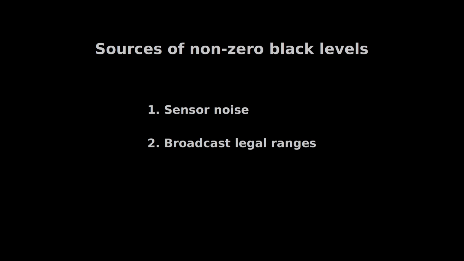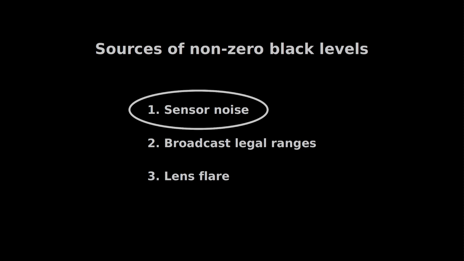I think some people even say limited color. It goes by a bunch of different names, but they're all referring to the same thing. And then finally, I'm also going to be talking about lens flare, which I think is pretty straightforward, but I still want to touch on it briefly. So let's get started with sensor noise.